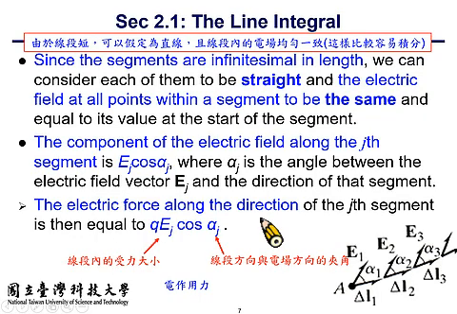It is the projection of the field, say E1, on delta L1. So you need to multiply E1 with cosine alpha 1, where alpha 1 is the angle between delta L1 and E1. Okay, so E1 cosine alpha 1 gives you the effective electrical field acting along the integration line. And the integration line, delta L1, is referred to as the differential length.